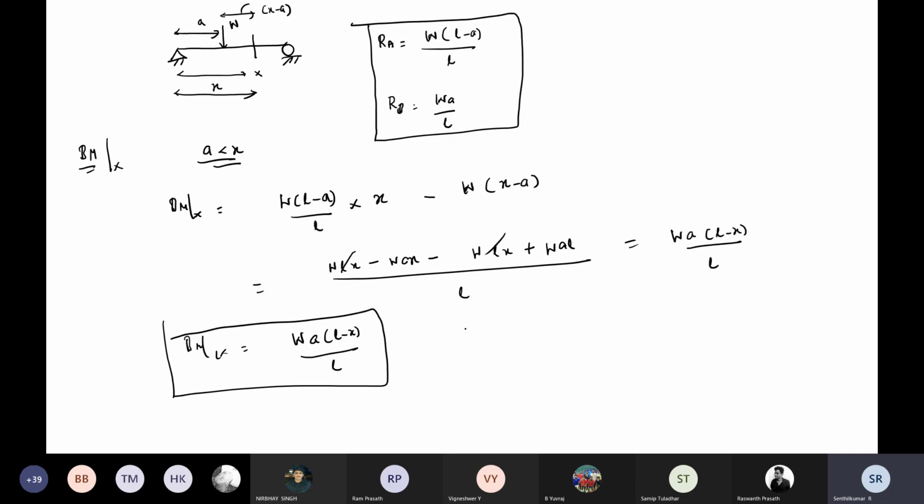If I'm keeping A as X, with both positions the same, then my bending moment value at X will be W into X, and again it will be L minus X by L. So I can take this as W A B by L.